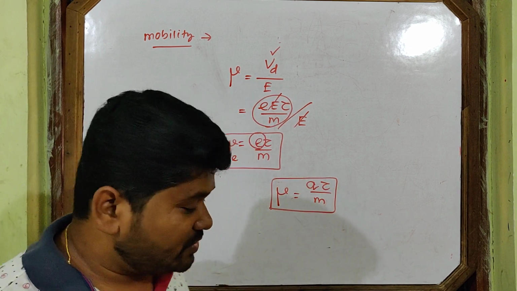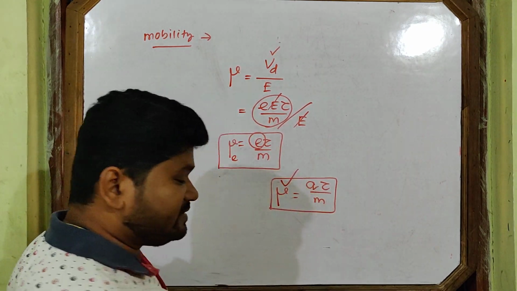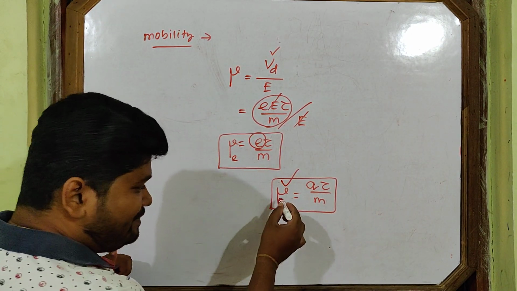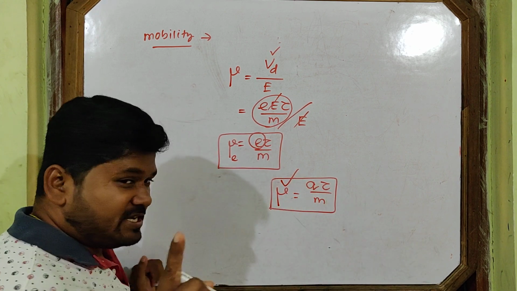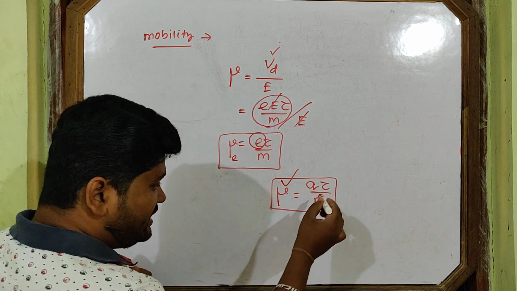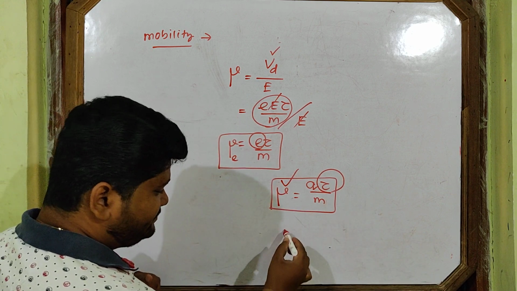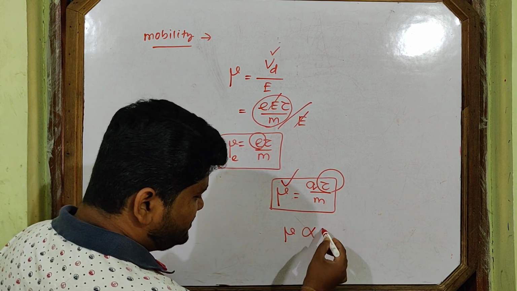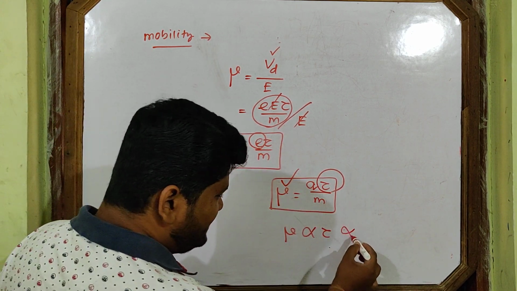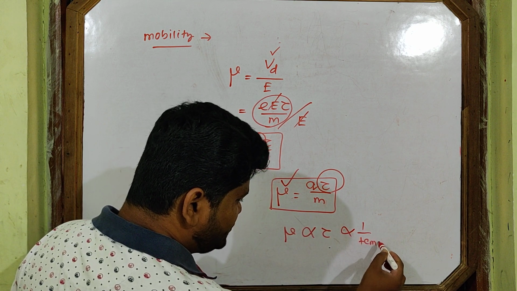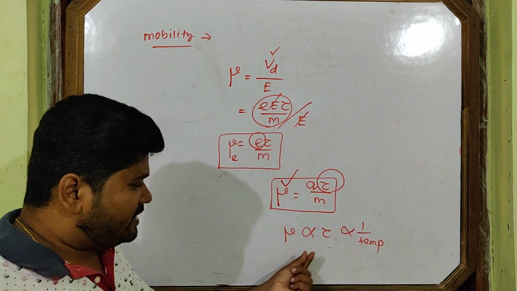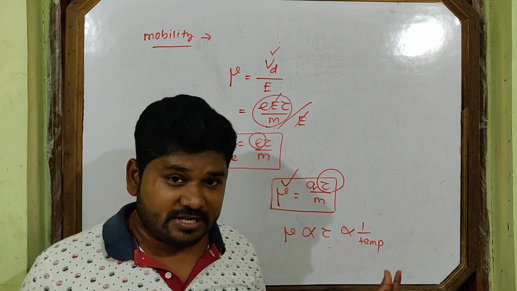Now let's discuss more. Which factors does mobility depend on? For a particular charge, it only depends on temperature. Mobility is directly proportional to relaxation time, which means inversely proportional to temperature. I have told you in the previous videos that relaxation time and temperature are inversely related.